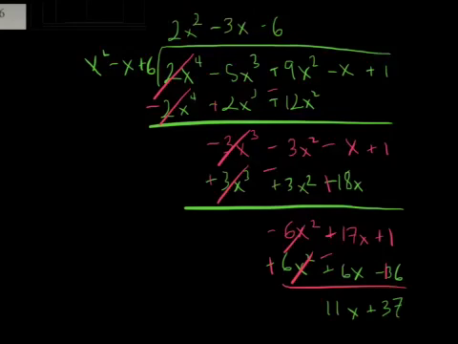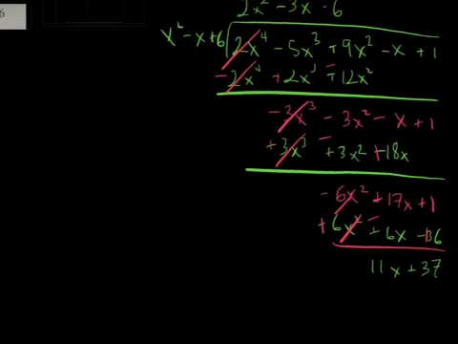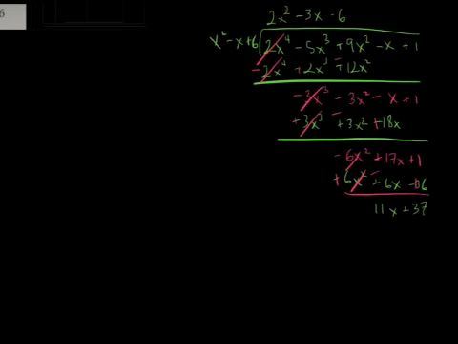And so what is my answer then? What polynomial can I multiply by x squared minus x plus 6 to get everything here? Well, let's think about it. If you were to multiply x squared minus x plus 6 by what we have here, you just need to add on an 11x plus 37. So let's shrink this a little bit and let's think about what that says.